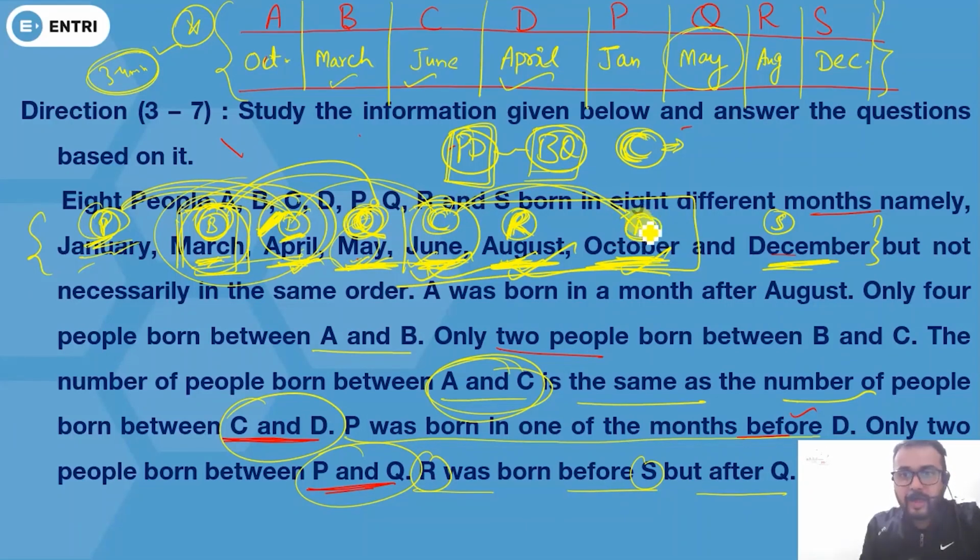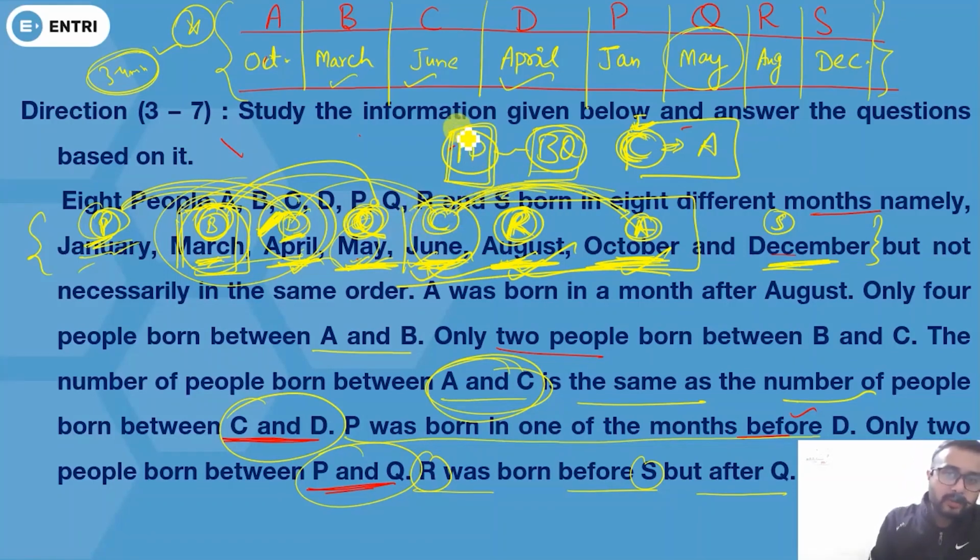So A will be the right answer, because between A and C you will have one person, R. Some of you will say, sir, D can be the answer, because there is also one person between D and C. But see one thing, if he is writing C at the first place, then you have to find the person next after C, not before C.